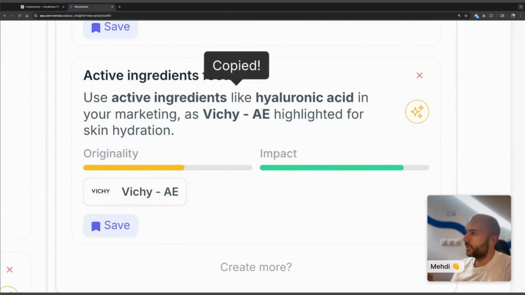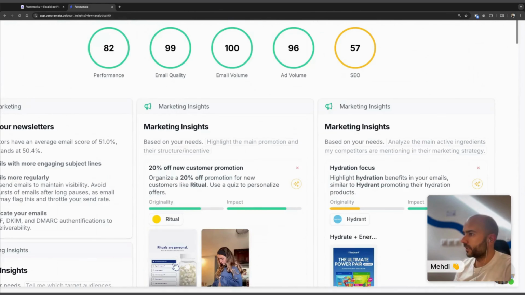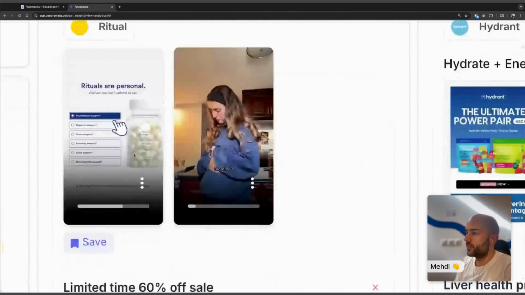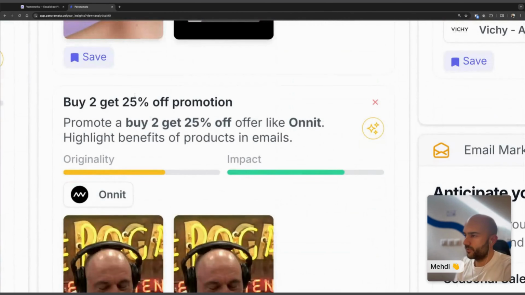And it's going to give me the main insights on the active ingredients that they're using, or here, highlight the main promotion and the structure, 20% off, 16% off, 25% off, and it works very well for pretty much any use case.